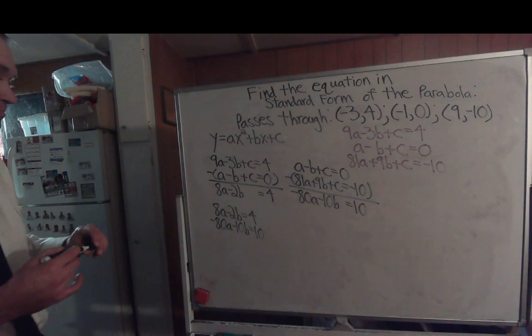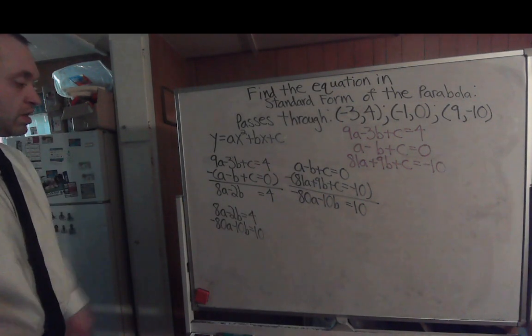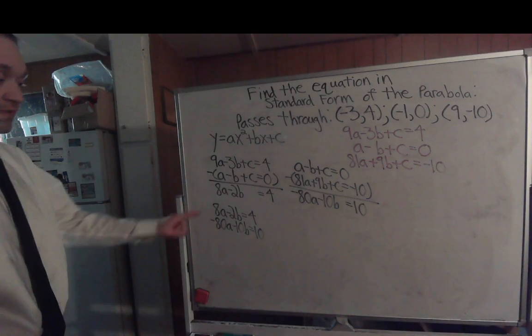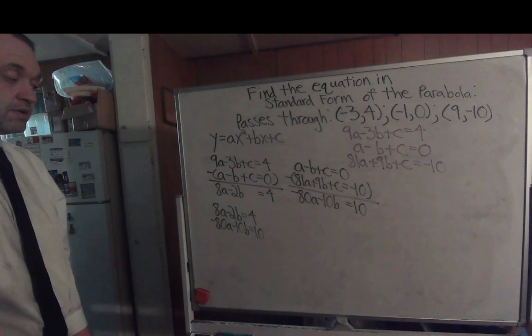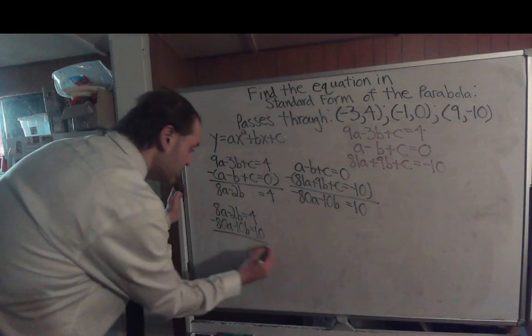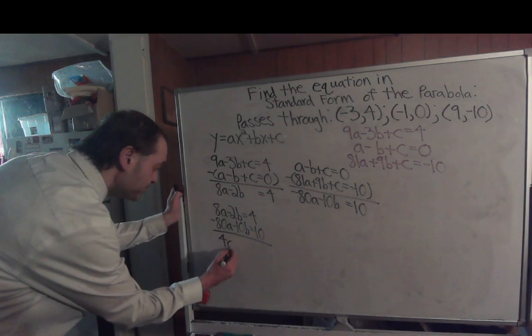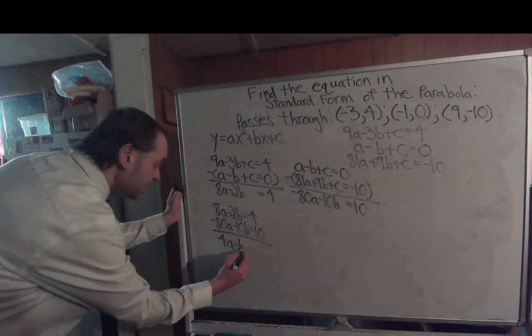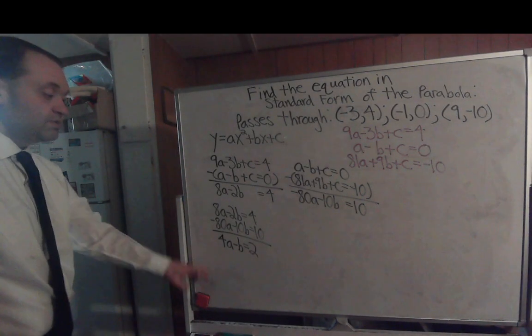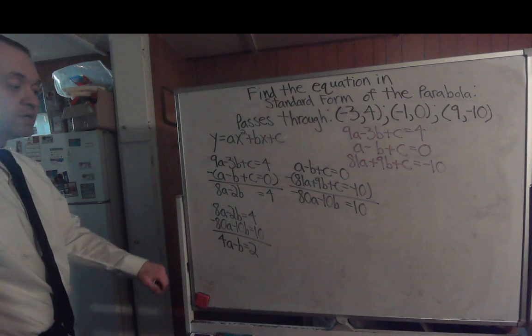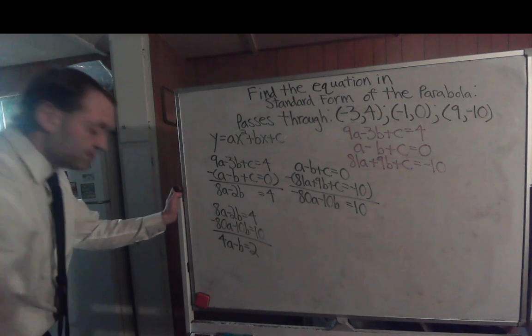Alright, so what do we got here? In the first equation, you notice you can divide everything by 2, right? If you do that, you'll end up with 4a minus b equals 2. In your second equation, you can divide everything by negative 10.